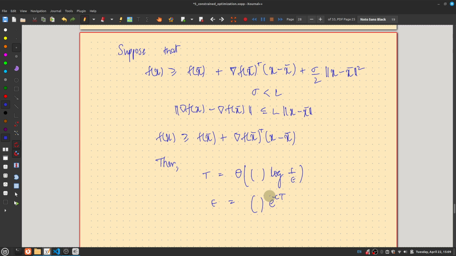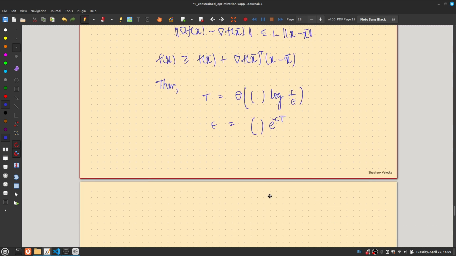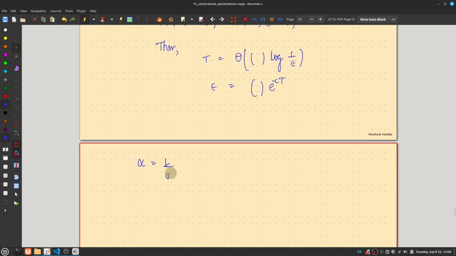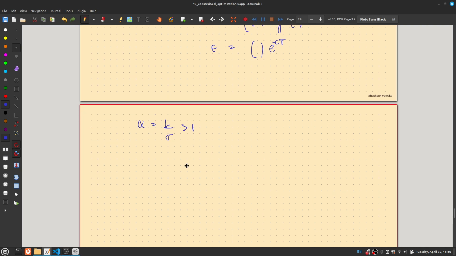In fact, the original version of accelerated gradient descent, which was proposed way back in the 80s, was for strongly convex functions. So let me assume that alpha is L divided by sigma, which is greater than 1.